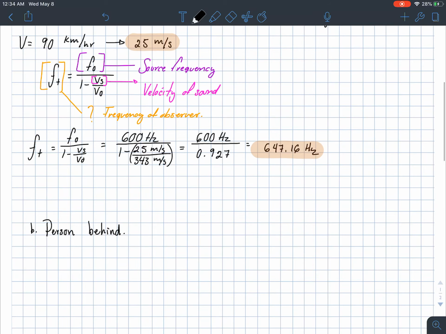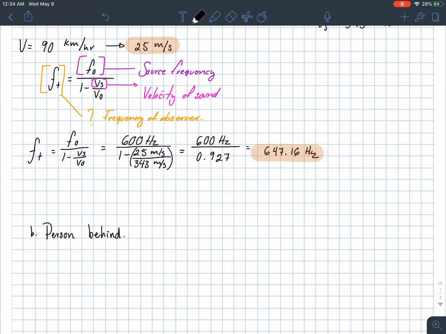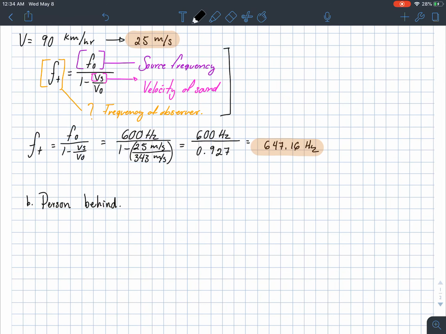For part B, the person behind. Now, I know that the equation for the person in front is this right here. So let's go ahead and use the other formula, which is very similar with a few changes.